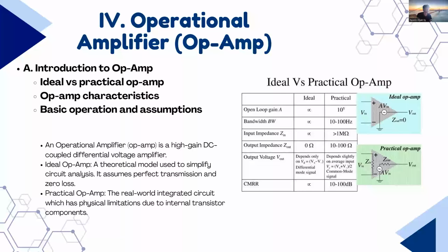No current flows into either the inverting or non-inverting terminals. The virtual short concept: the op-amp will dynamically drive its output to keep the differential input voltage at zero. Therefore, the voltage at the inverting terminal equals the voltage at the non-inverting terminal.